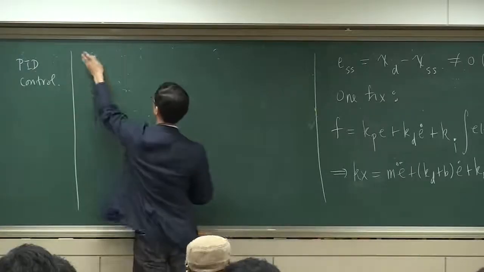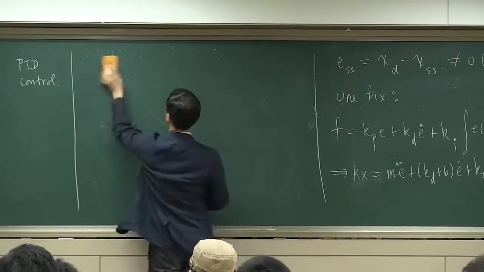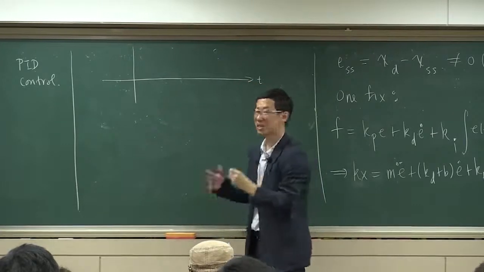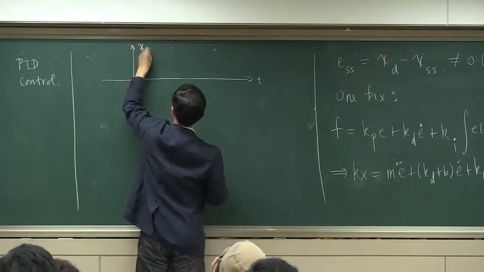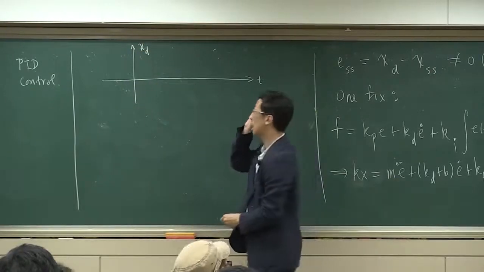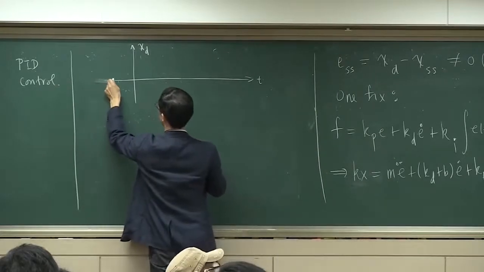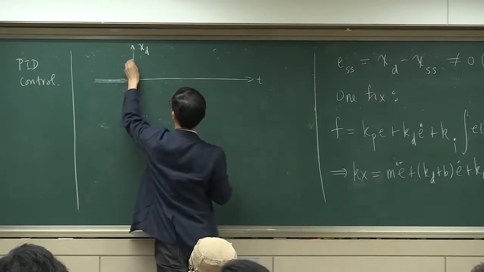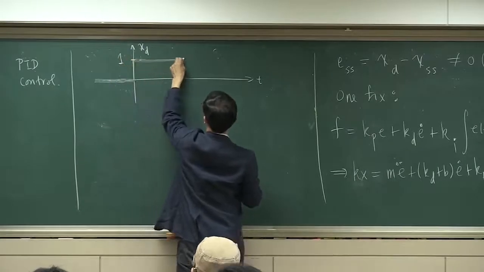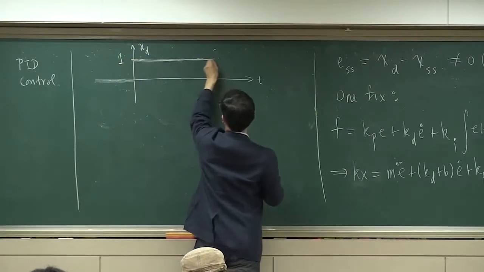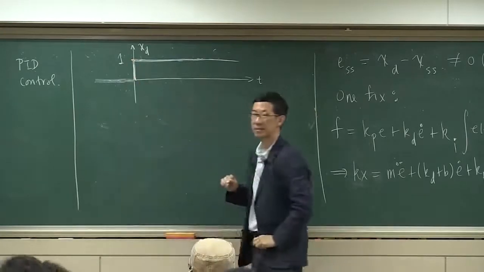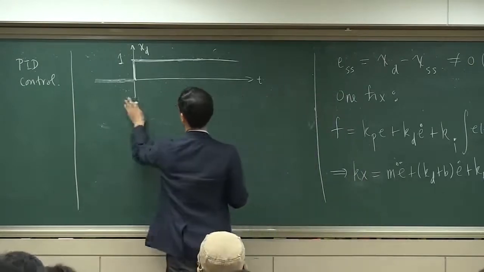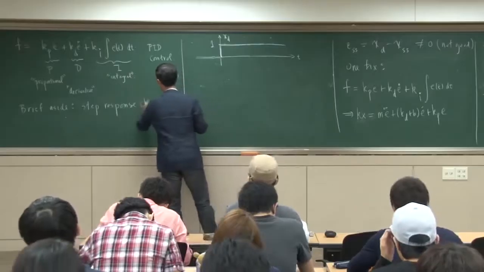The basic idea is that suppose our x desired, as a function of time, is 0 for t less than 0, and at t equals 0, it jumps up to, say, 1. So, step response characterization.